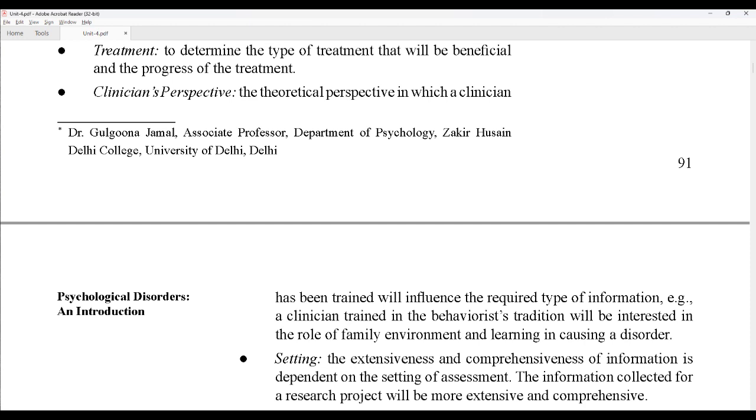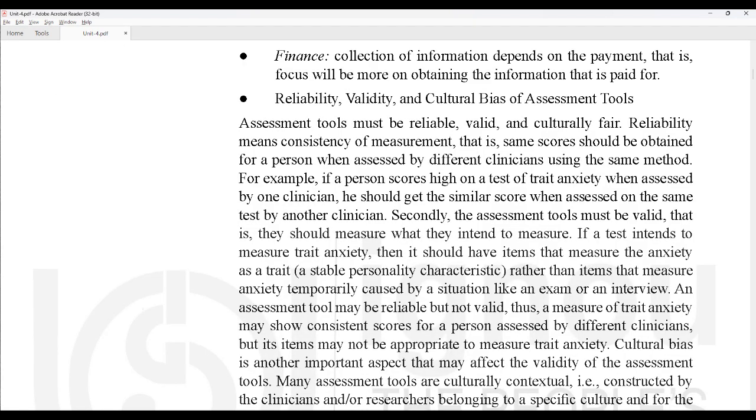The information collected for a research project will be more extensive and comprehensive. Finance. Collection of information depends on the payment, that is, focus will be more on obtaining the information that is paid for.